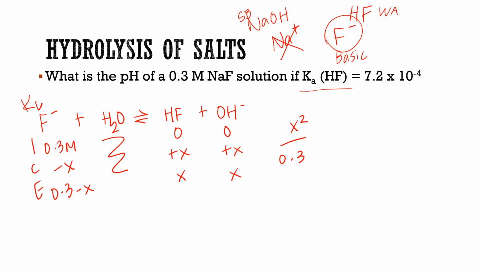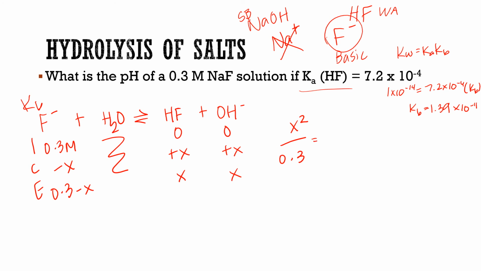Well, I'm given Ka. So I have to use my relationship of Ka times Kb equals Kw in order to calculate Kb. Kb equals 1.39 times 10 to the negative 11.